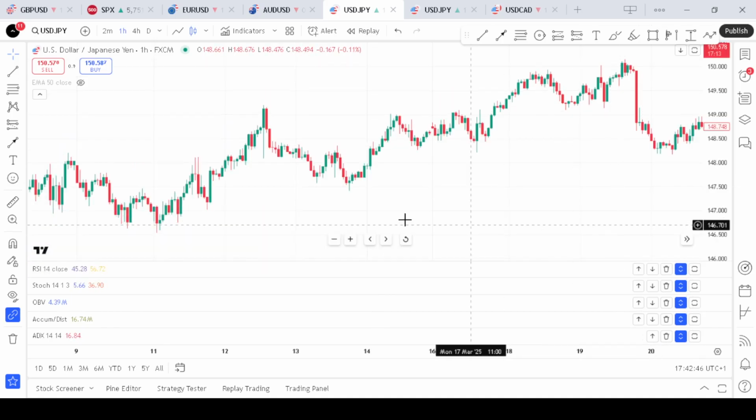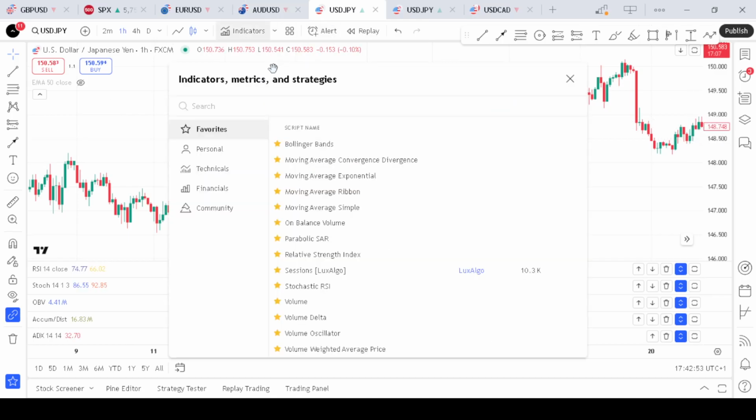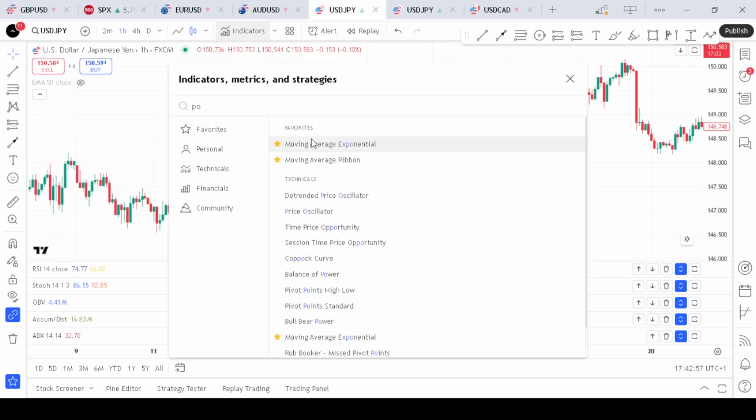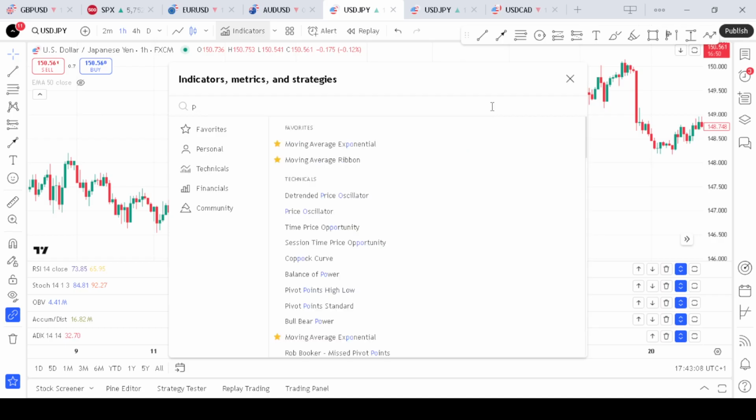Now we can actually combine with our pivot points just to be able to spot our demand and supply areas, or we can say our key support and resistance areas in the market.